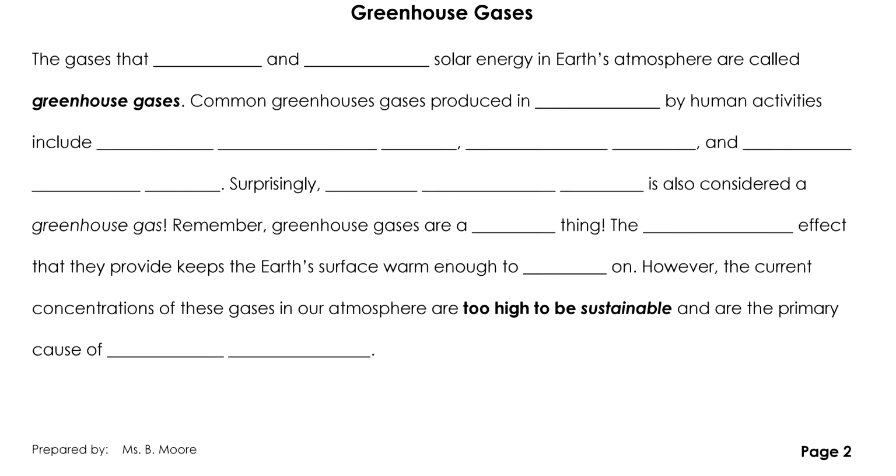So let's talk a little bit more about these greenhouse gases. Technically, any gas in the atmosphere that is part of this cycle where it absorbs and reflects solar energy is a greenhouse gas.